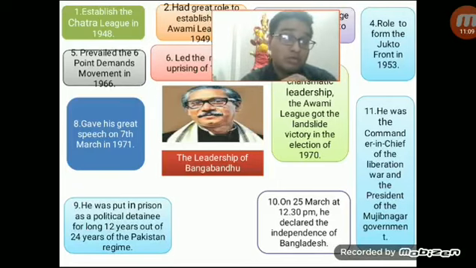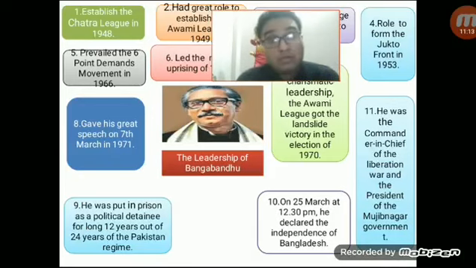In this government, Bangabandhu Sheikh Mujibur Rahman was the president, and the government was named after him, that means the Mujibnagar government. And he was the commander-in-chief of the Liberation War of Bangladesh.